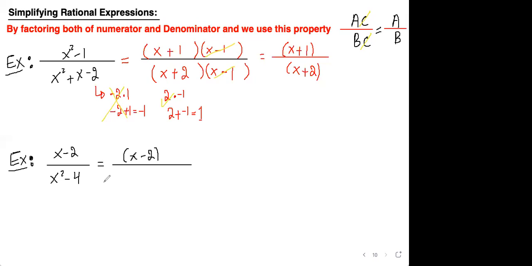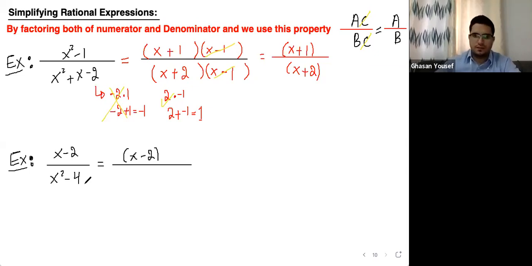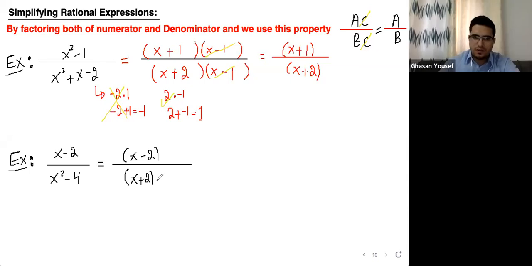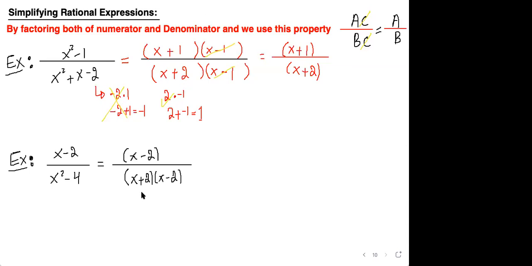Now, what's the factoring for the denominator? It's x plus 2 times x minus 2. Now, what can we cancel from the numerator and the denominator? X minus 2. So what is left? Only 1 over x plus 2.